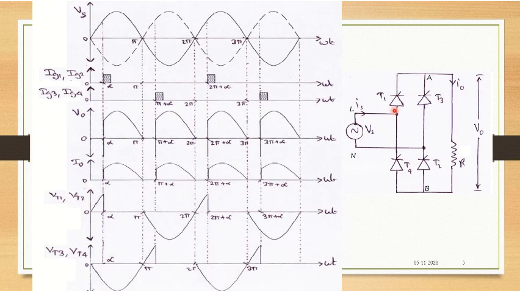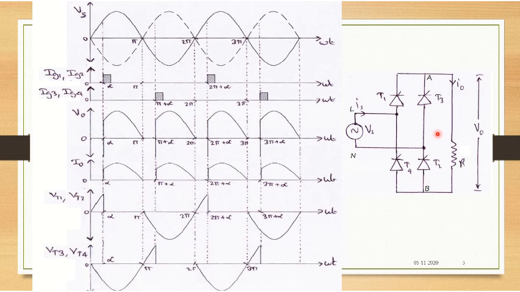Remember, when you are using thyristors, obviously there will be a thyristor triggering circuit at the gate terminals, which is not shown here. Whenever thyristors are used, there will be a gate triggering circuit at the gate terminal. You need a triggering circuit to turn on these thyristors, which is not shown here.